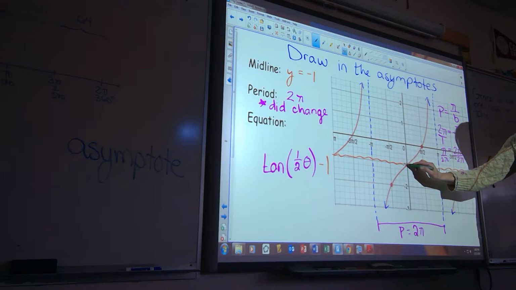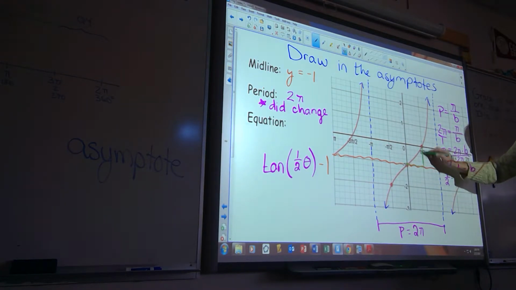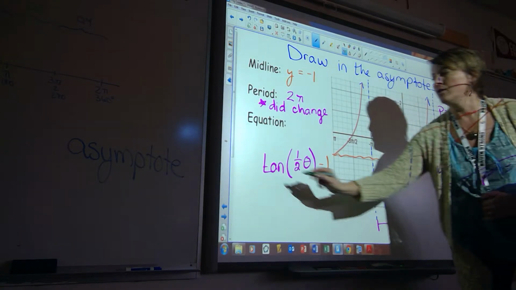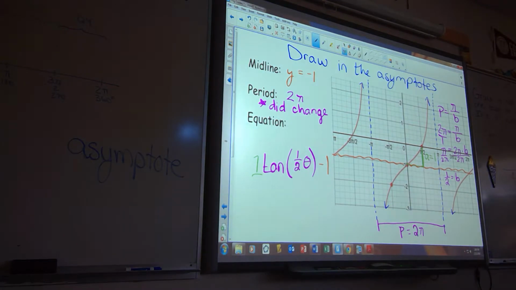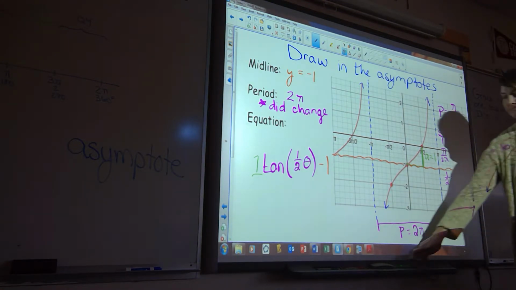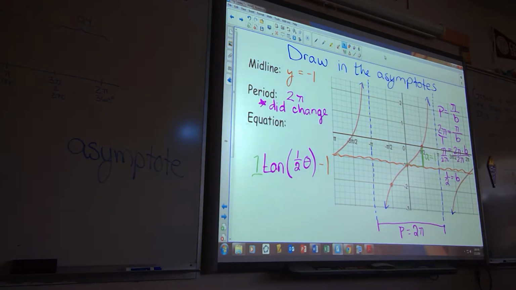And notice from the middle point, when we went up to the next point, that's where we would figure out our amplitude, is how far up was that next point. It was only up a distance of 1, so I would have a 1 right there. And that would be my equation. This equation will always work for finding b, but just remember that it's a different equation for tangent.